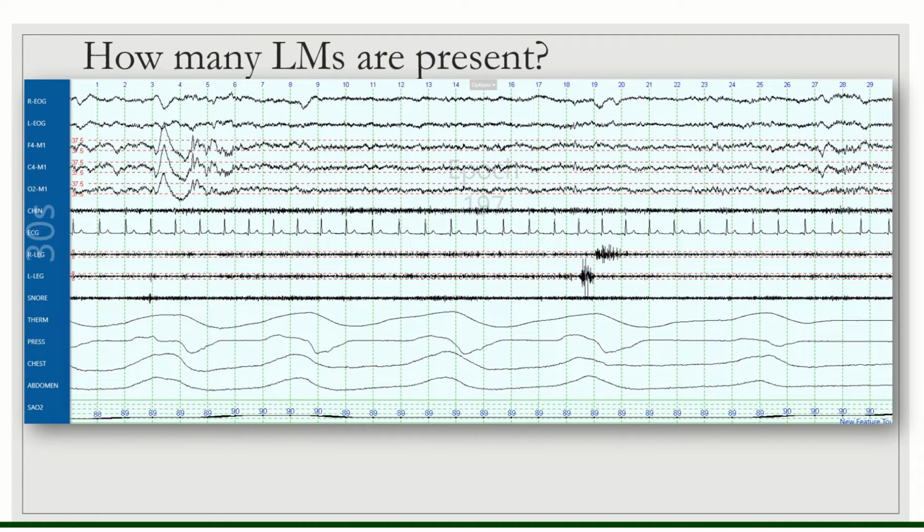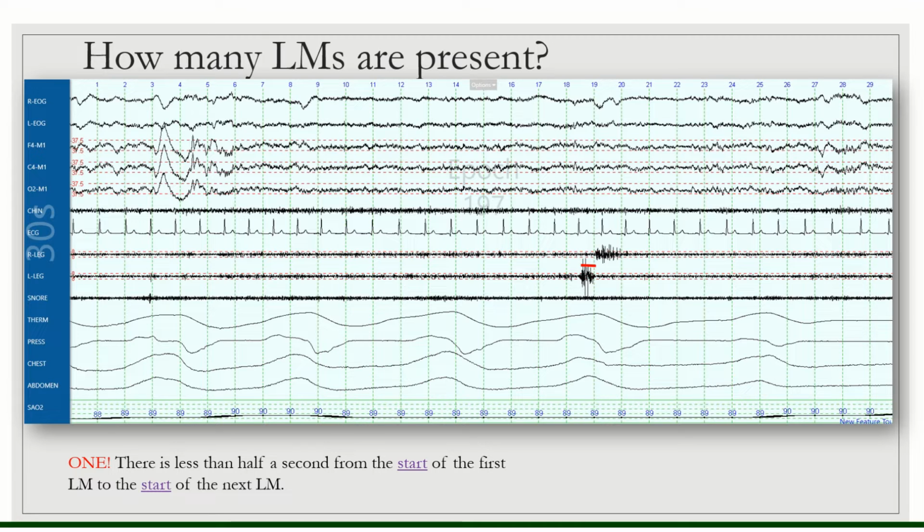All right, so how many leg movements are present now? One. One because of the rule that we just went over a few slides ago. If there is less than 5 seconds from the start of the first limb movement to the start of the next limb movement, then we're going to count both of them as one leg movement.